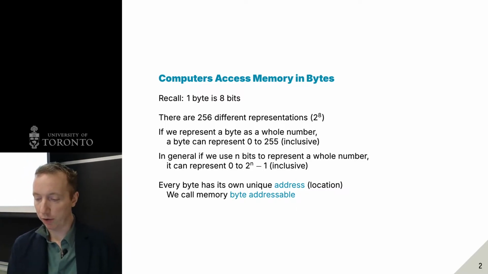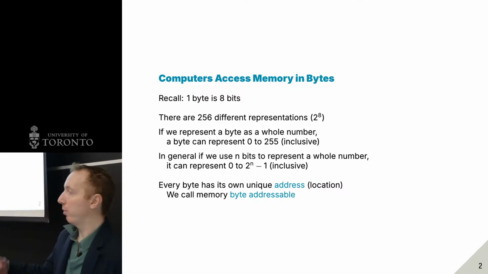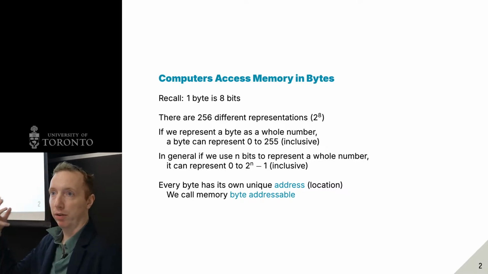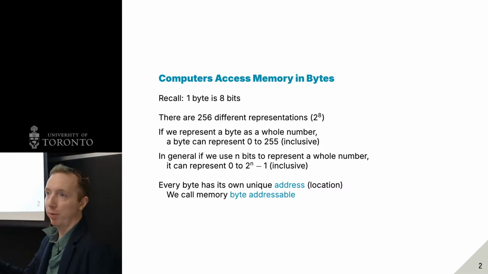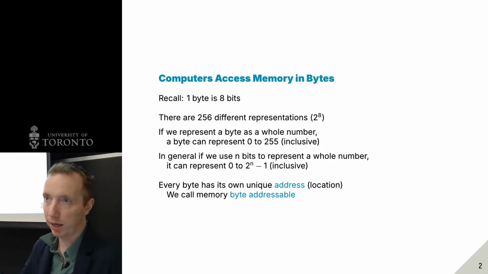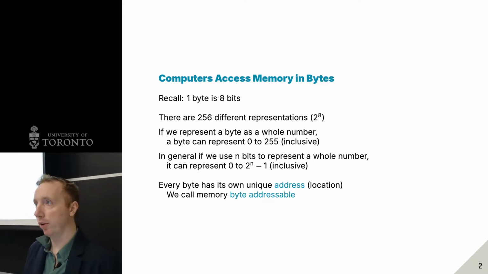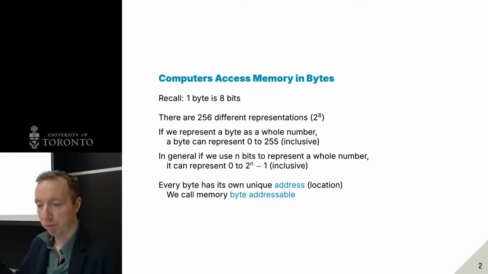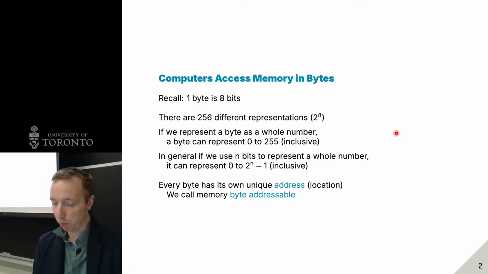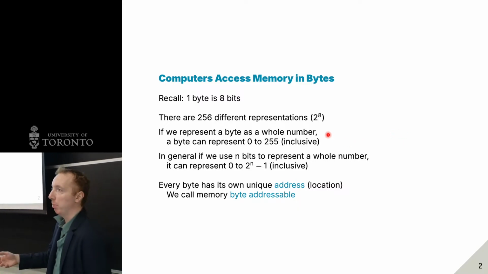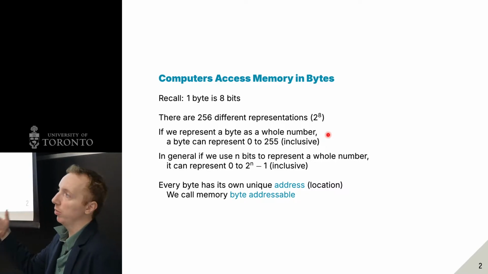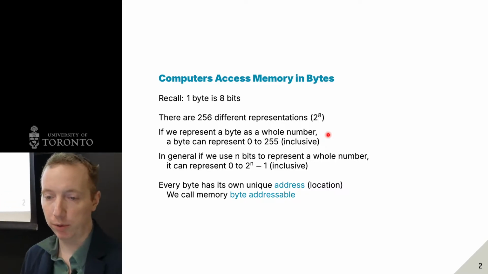That is 2 to the 8. Just like with 1 digit, that's base 10, we can represent 10 things, 0 through 9. With 2 digits, we can represent 100 things, 0 all the way to 99, right? Same idea for binary digits or bits, just the base is lower. So for a single byte, if we were using whole numbers, we can represent the values 0 to 255 inclusive.